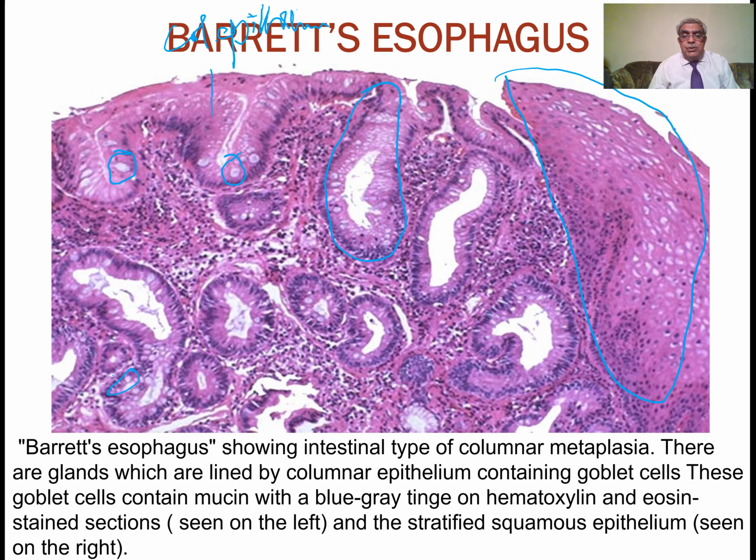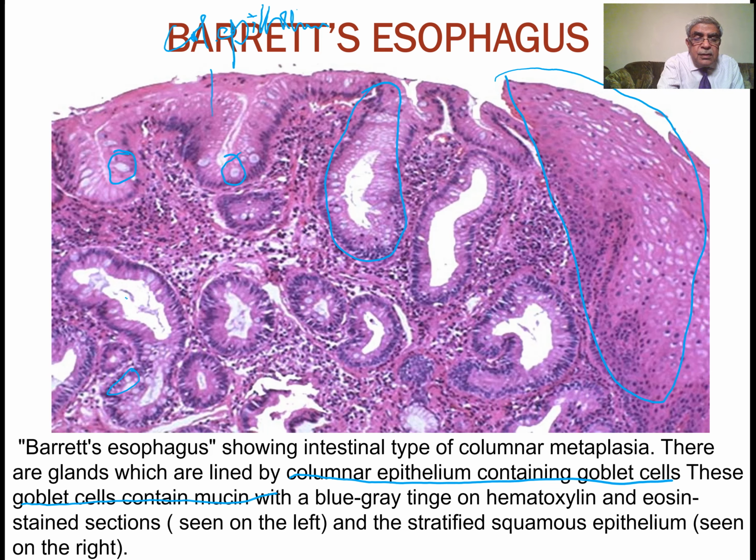Barrett's esophagus showing intestinal type of columnar metaplasia. These are glands which are lined by columnar epithelium containing goblet cells. I am stressing on that. These goblet cells contain mucin.